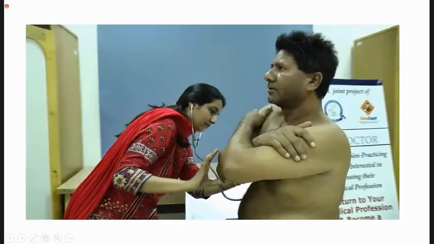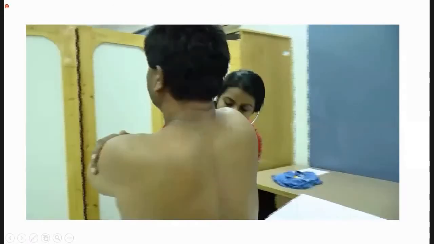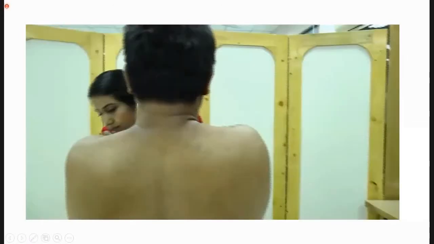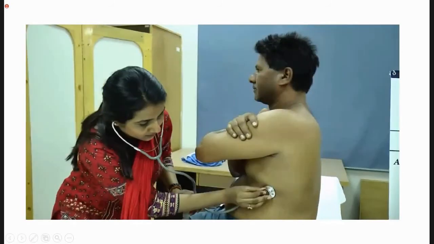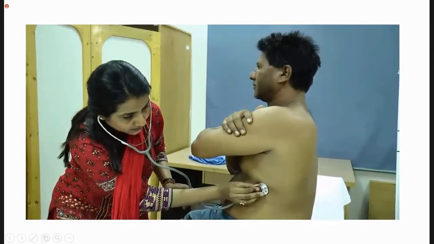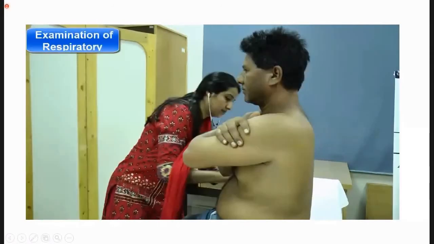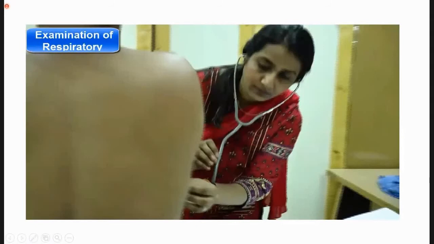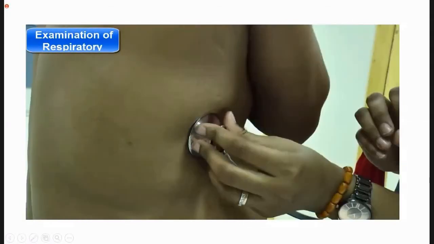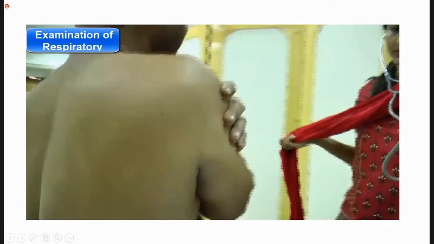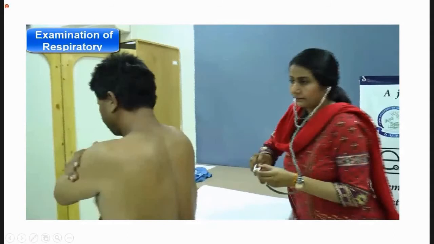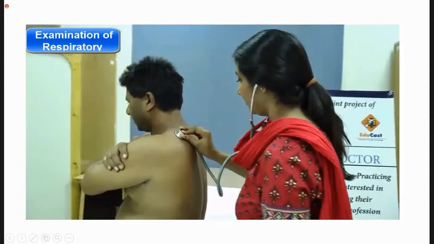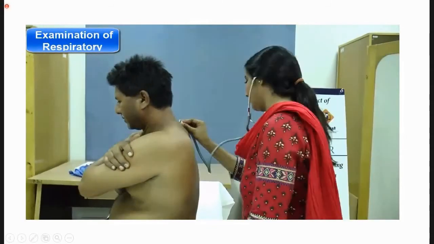Again, ask the patient to fold his arms such that the lateral aspects of the chest are exposed, and auscultate up to the 8th rib. Posteriorly, the entire chest will be auscultated down to the level of the 11th rib.